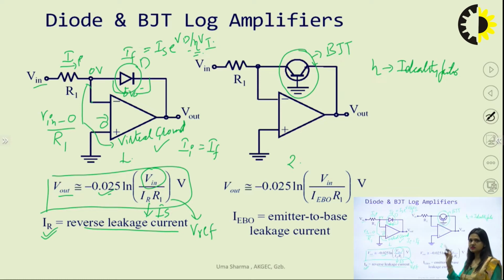So this is actually a diode connected transistor, where the emitter base junction is forward biased, while the collector base junction is kept at reverse bias voltage. So the current across this transistor can be given by IS e to the power VBE by VT.